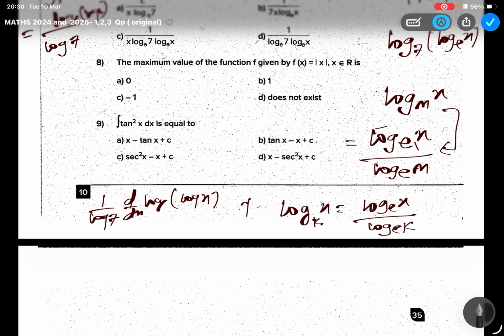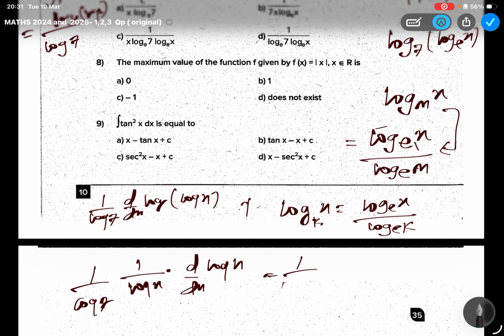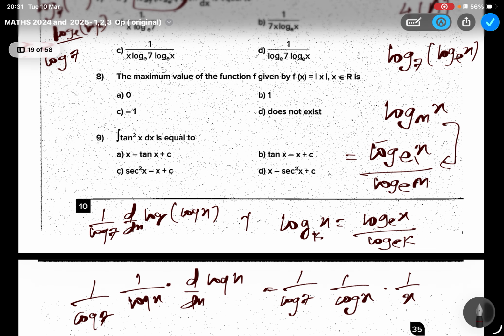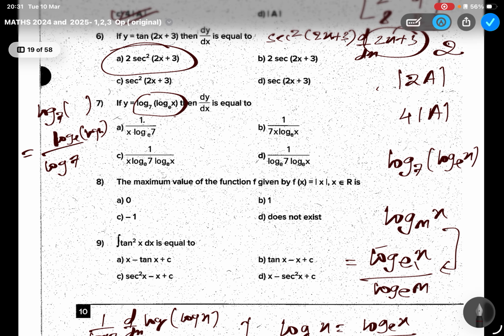What is the differentiation of log of something? It is 1 by that something, into the differentiation of that something. 1 by log 7 as it is. 1 by log x as it is. What is the differentiation of log x? 1 by x. So the answer is 1 by x log 7 log x. The answer is option C.